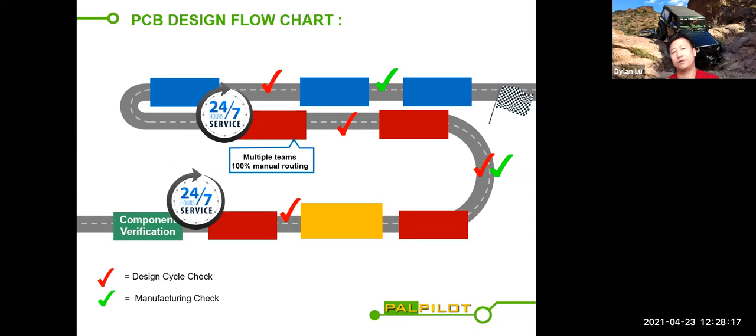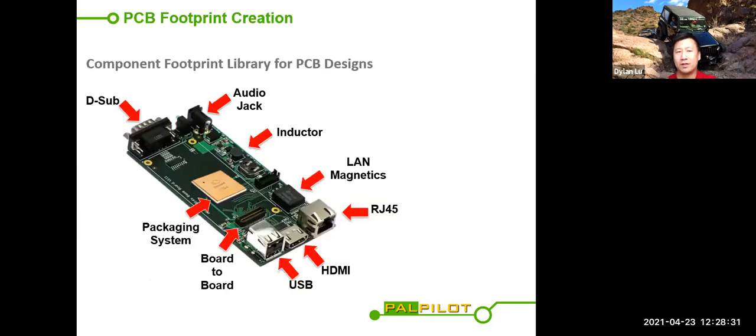So first, you verify all your components and what's going to be on the board. You start creating the footprint library. Like I said before, the footprint library is the first step, and it's very important. The connectors, your main IC, the packaging, or any other resistors and capacitors on the board all have what we call a footprint.